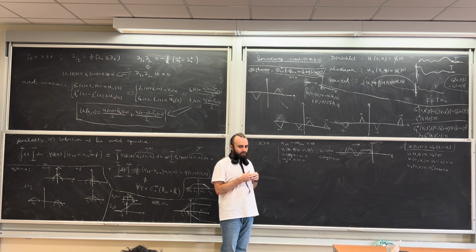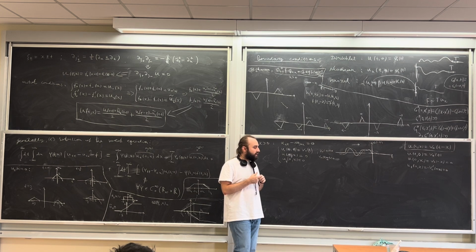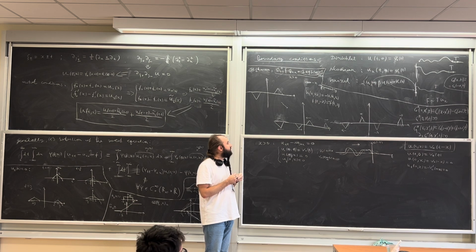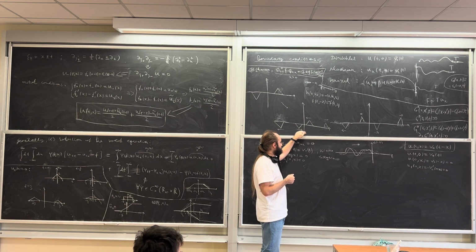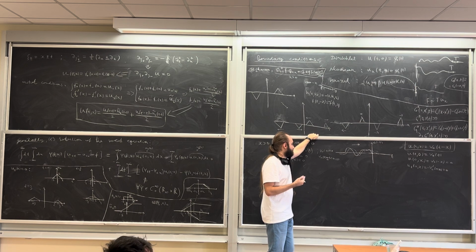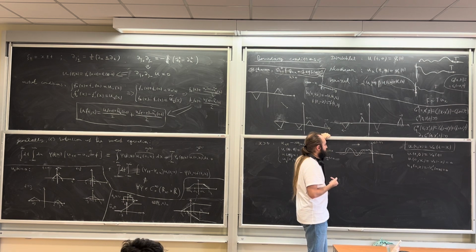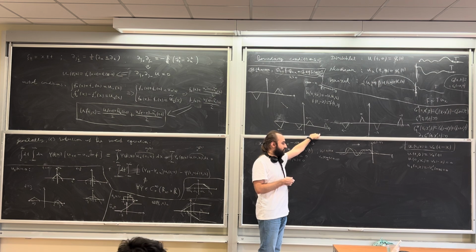Next time I will tell a little bit more about this one-dimensional equation, and we will switch to higher dimensions. There's an interesting phenomenon, which is that this Green function in even dimensions and in odd dimensions has qualitatively different behavior.